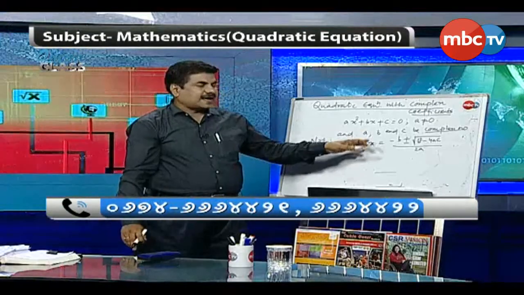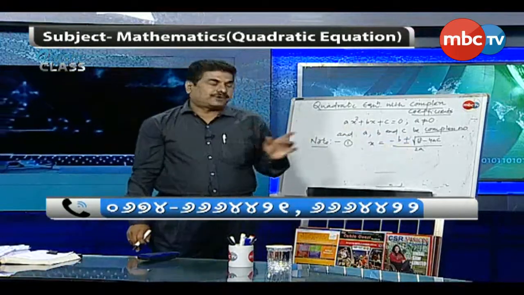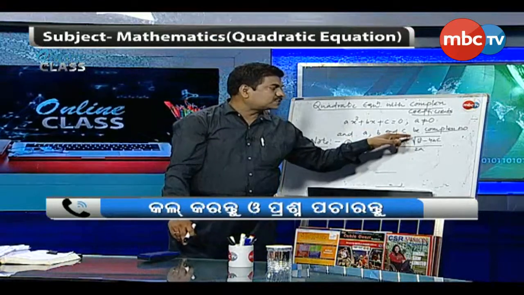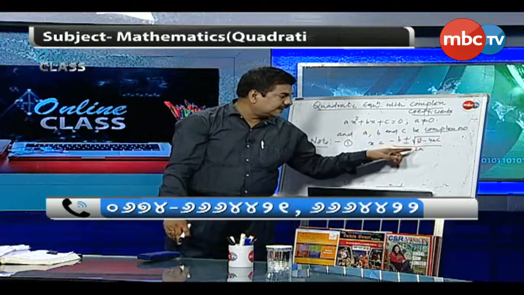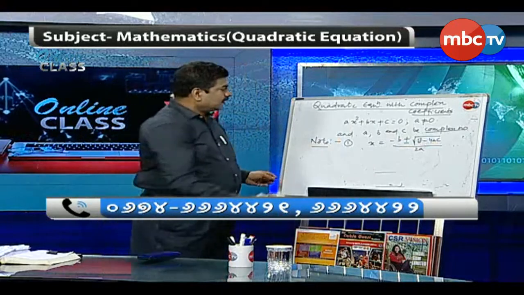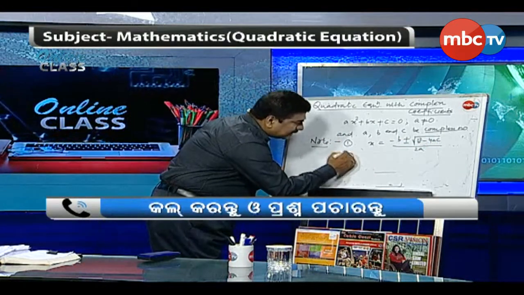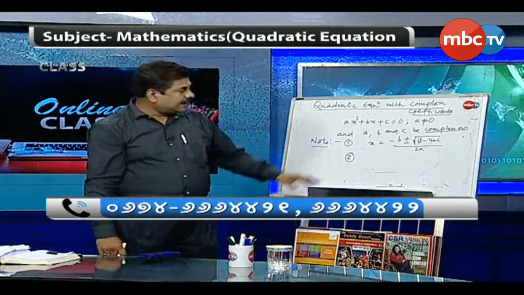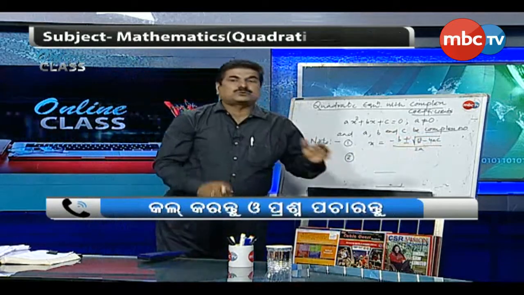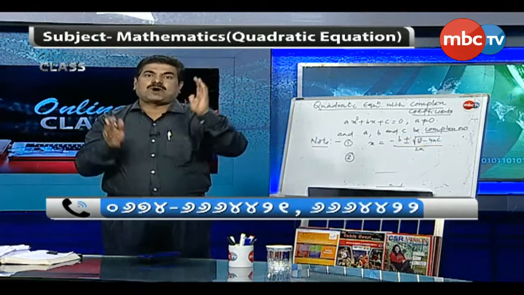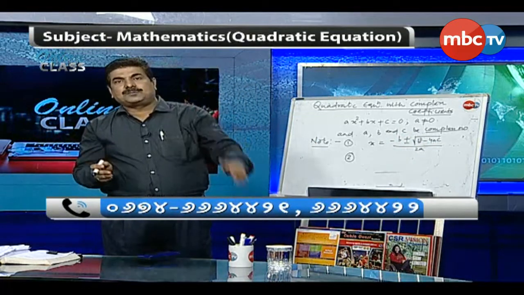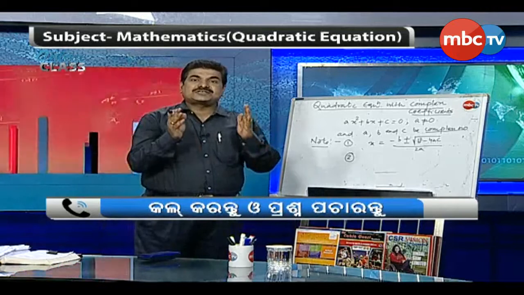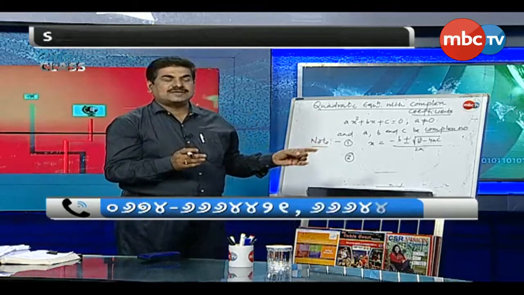Here that means it has also two roots. The first root is minus b plus square root of b square minus 4ac divided by 2a. Next, the second one is the important one. Here you know b square minus 4ac is equal to the capital D, and that capital D is known as the discriminant of the quadratic equation.